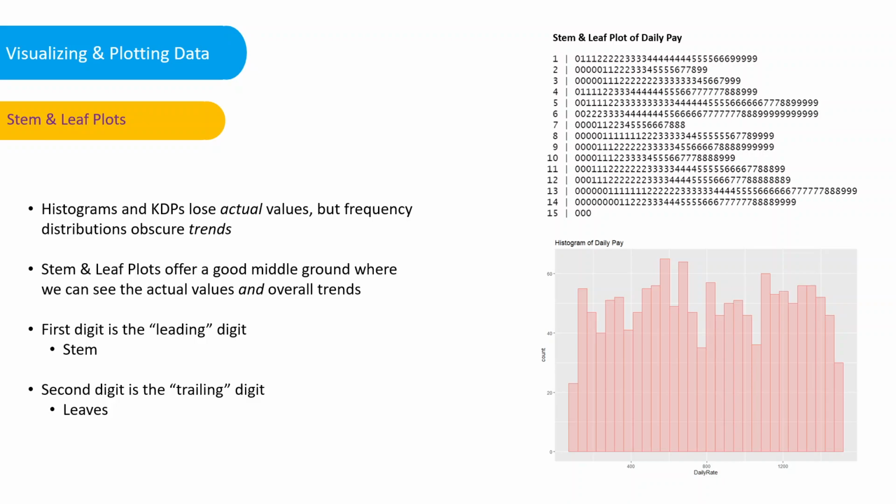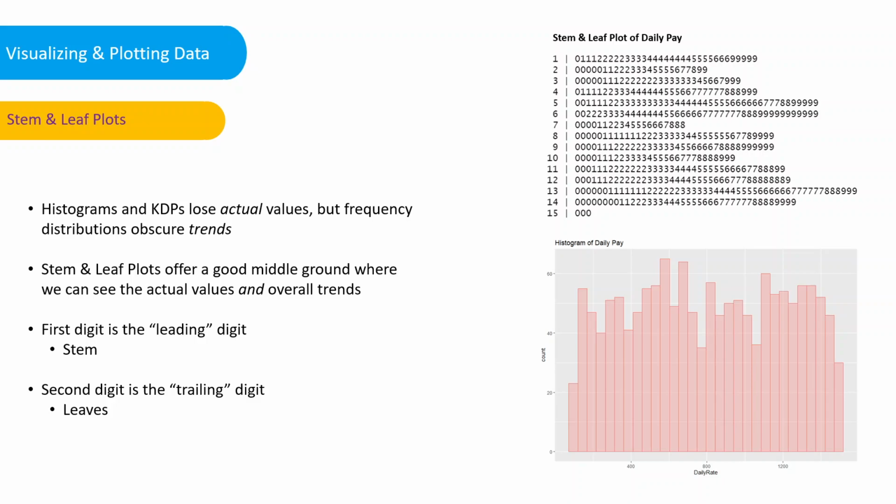For example, in the first row of our stem and leaf plot, the leading digit, the 1, represents 100, and we have an employee who had a daily pay rate of 100, and then a daily pay rate of 110, 110, 110. So there were 3 employees with a daily pay rate of 110. Then we have 1, 2, 3, 4, 5 employees who had a daily pay rate of 120, 4 who had a daily pay rate of 130, and so on.